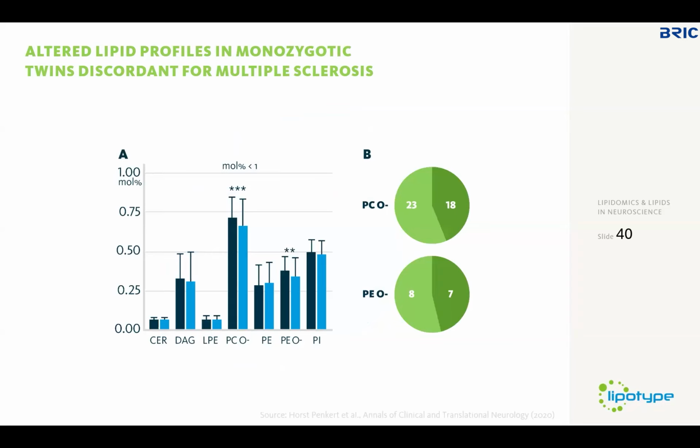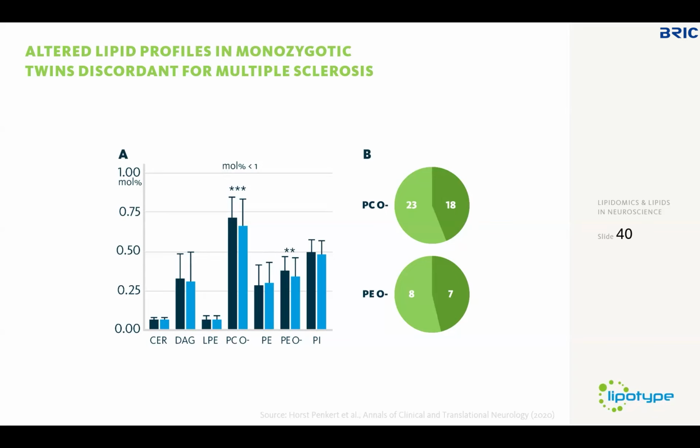However, on the molecular level, there were two lipid classes that showed differences and were reduced in the twins with multiple sclerosis. In particular, 44% of ether-linked PCO and 47% of PEO lipid species were altered.